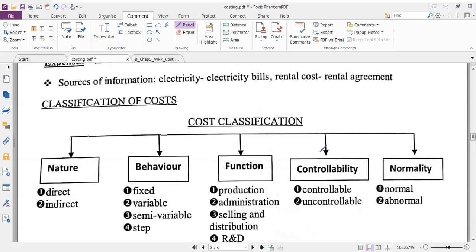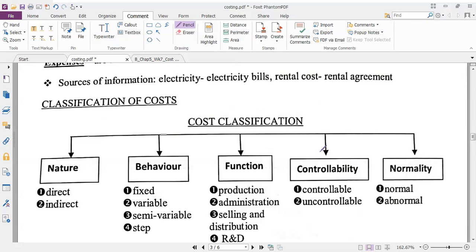The first type is based on the nature, whether the cost is direct or indirect.